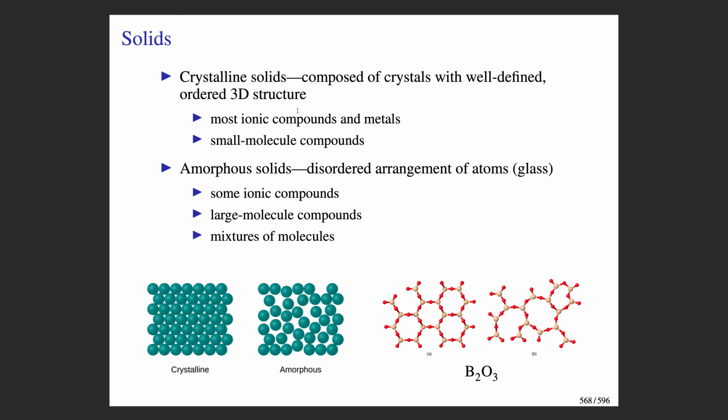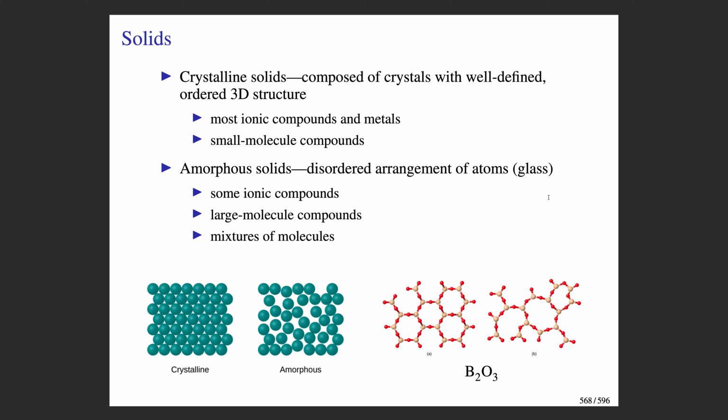You're going to find that most of our ionic compounds and metals, as well as compounds consisting of small molecules, form crystalline solids. Other types of substances don't form a particularly regular solid. They form what's called an amorphous solid, where at the molecular level you can think of the atoms as being somewhat disordered.